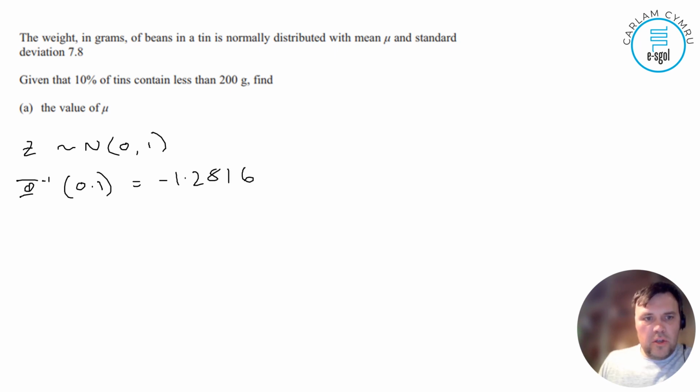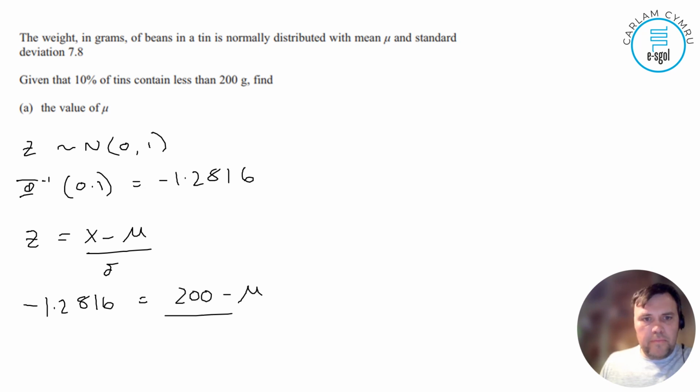1.2816. Using our z, which is x minus mu over our standard deviation. We now know our standard deviation is 7.8, so we'd have minus 1.2816 equal to 200 minus mu over 7.8. And rearranging this, the 7.8 goes up, the minus becomes a plus.